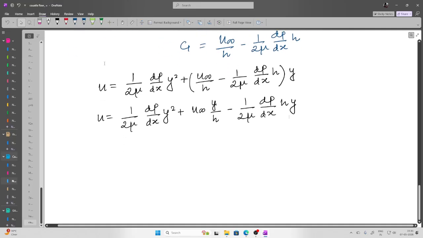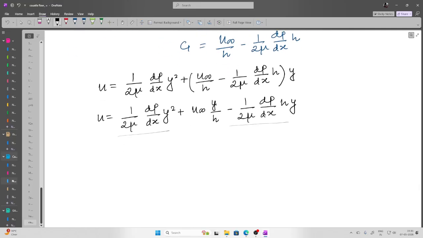So now you club these two terms together, and we will write this term first. So it is u infinity y by h. Let us take 1 by 2 mu dp by dx common, so this becomes y square minus h and then y.